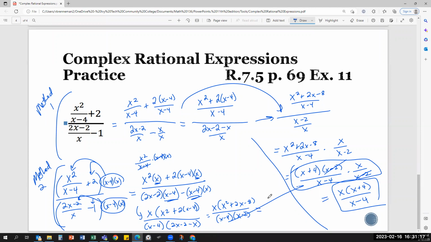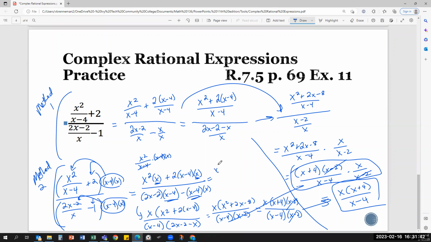So it's like the multiplication has already been done, and then I still need to do the factoring and cancel, and get there. But if you don't recognize that, which you may not, then you would distribute and do all the multiplication.